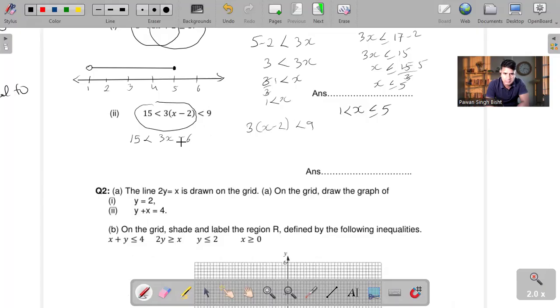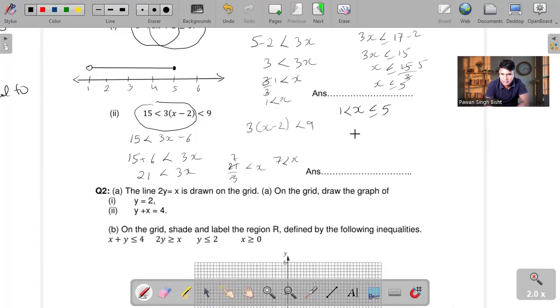Now this is negative 6. When it goes that side it becomes positive 6. 15 plus 6 less than 3x. 15 plus 6 is 21. Now if I take 3 in the denominator, so 21 divided by 3, x greater than 21 upon 3, which is 7. So it is coming x greater than 7.